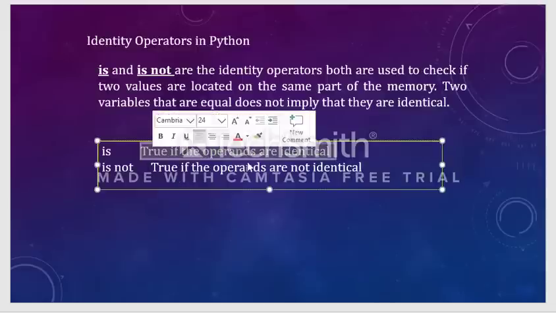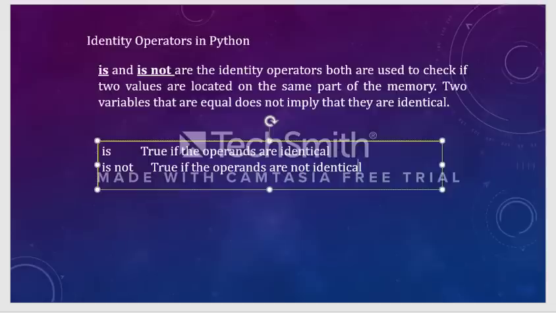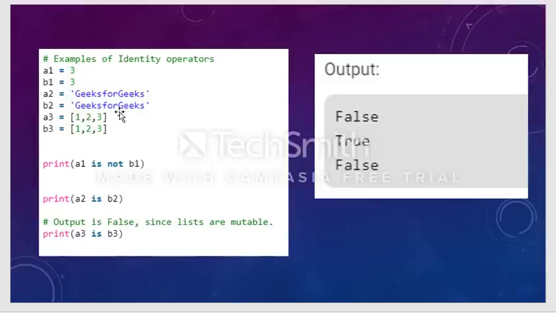Now I am coming to the definition. It is checked between two operands, or two values, to check the identicality of the values. As per the program, a1 contains 3 and b1 contains also 3. So a1 is equal to b1. What I am checking here is a1 is not b1.